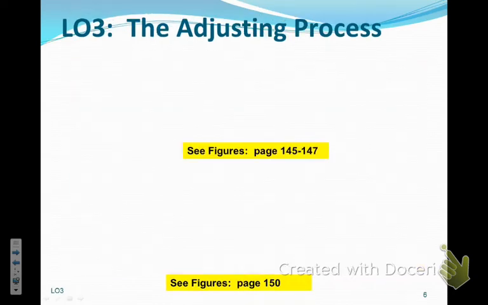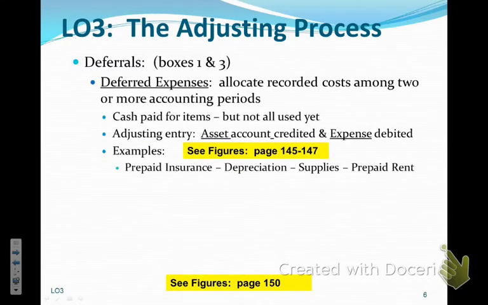So let's look at the first box here. Deferrals in boxes 1 and 3. Let's first focus on box 1 with deferred expenses. So, a deferred expense is when we allocate recorded costs among 2 or more accounting periods. So again, we're going to ask ourselves, has cash been paid?